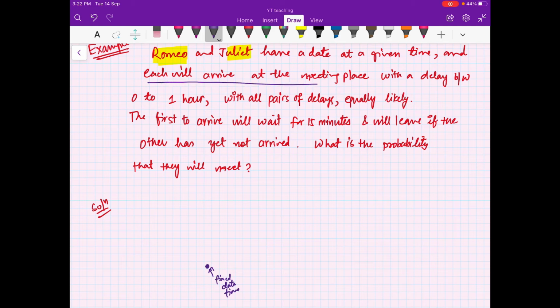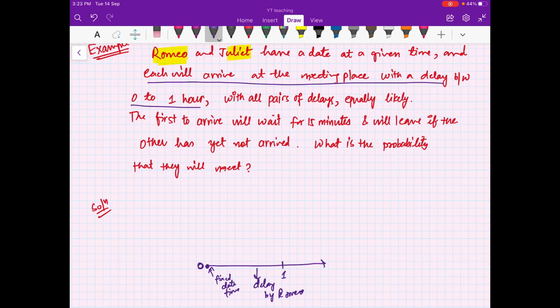Each will arrive at the meeting place with a delay between 0 to 1 hour. Suppose this is 0 to 1. I am calling the fixed date time the origin. So 0 to 1 hour, this is the delay by Romeo.